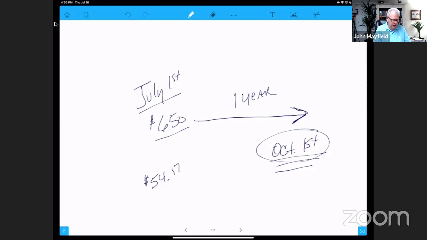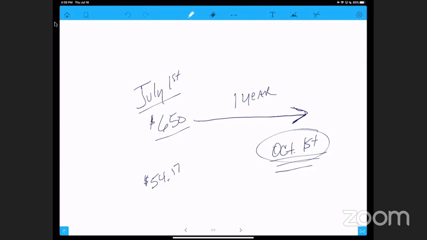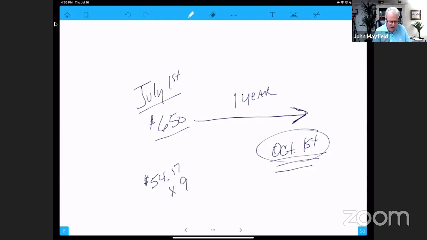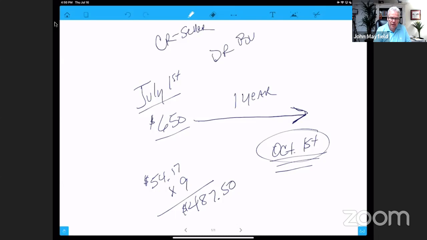So in that example, 54.17 times 9 gives us $487.50. And this would be a credit to the seller, and it would be a debit to the buyer. Because remember, the buyer's taking over and they're going to be there those 9 months. I mean, if they sell it, that'd be reprorated.